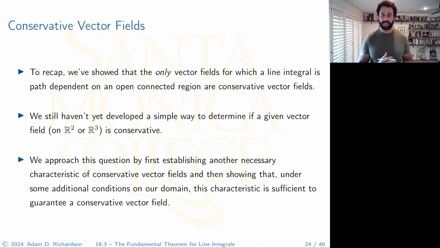What we're going to do is establish another necessary characteristic of conservative vector fields. And then we're going to show that under some additional conditions on the domain, like the region, that the characteristic is actually sufficient to guarantee a conservative vector field. So there's a couple more pieces we're missing to guarantee a conservative vector field.